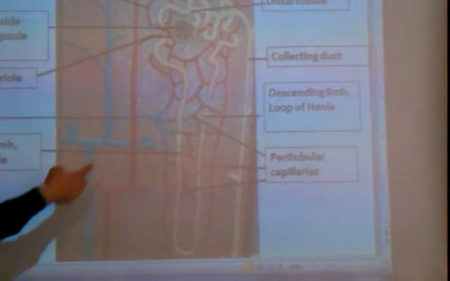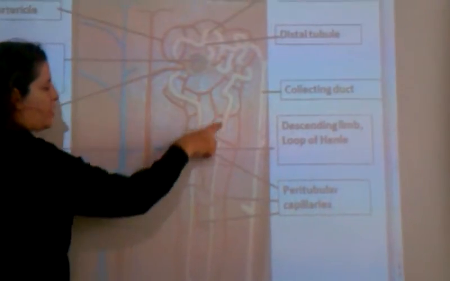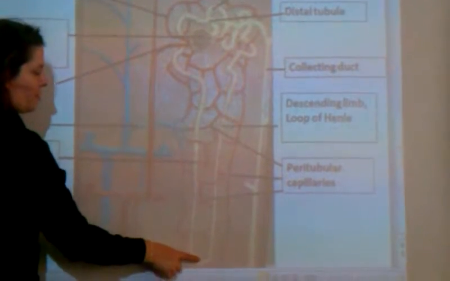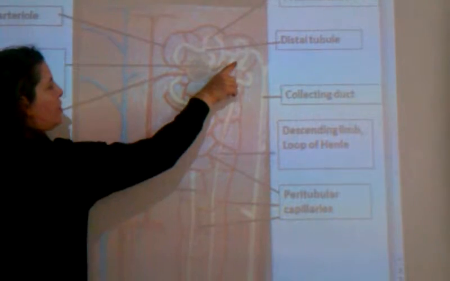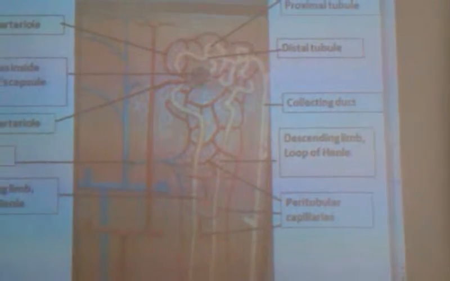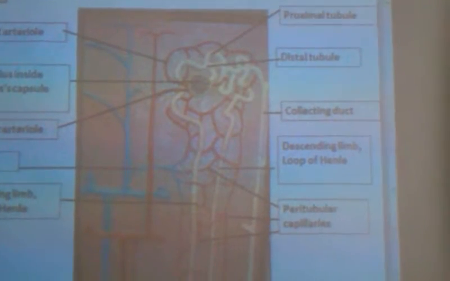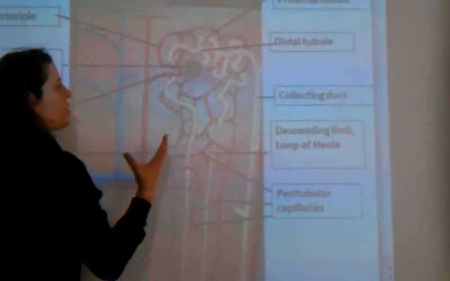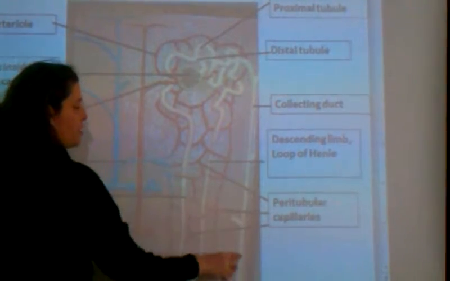Okay? As the filtrate passes through the proximal convoluted tubule, the descending limb of the loop of Henle, the ascending limb of the loop of Henle, and the distal convoluted tubule, the material inside of those tubules is being concentrated. Okay? And whatever is left over is going to be the urine. It goes into the collecting duct.